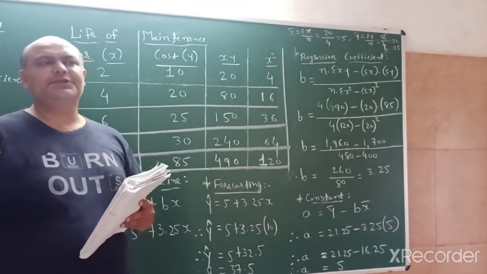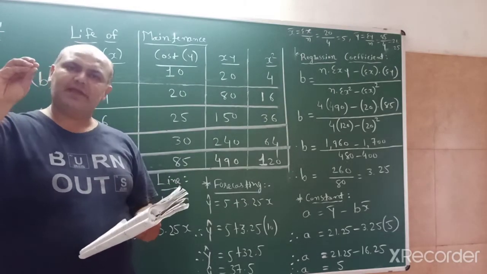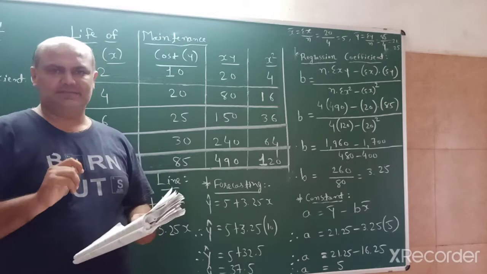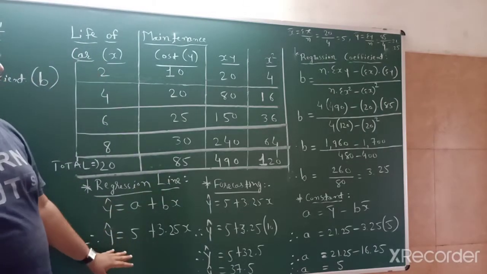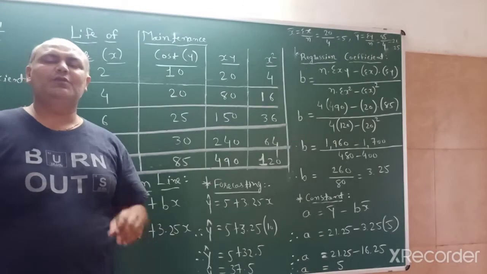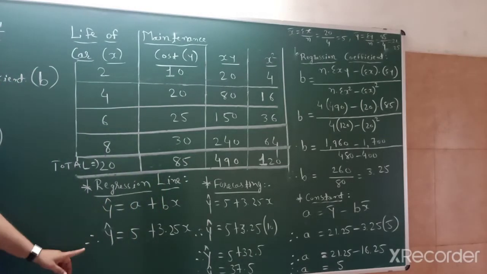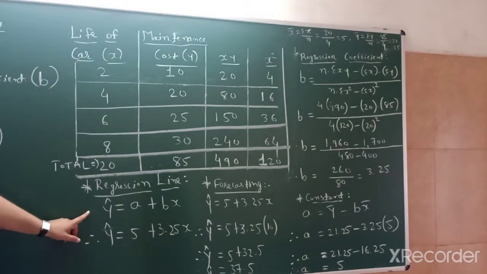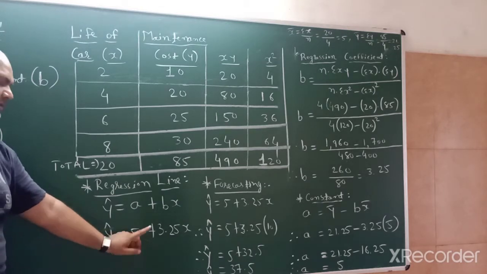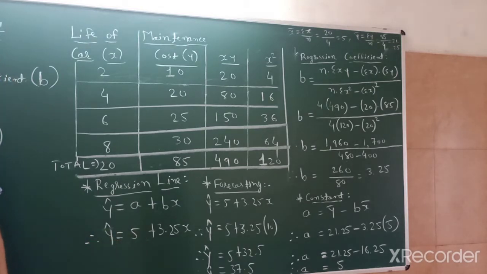When we write the regression line, we just keep x as x. If forecasting is there, then we have to put the value of x in place of x. This is the regression line y cap a plus bx, 5 plus 3.25 x. Regression line is ready. So our third step is also ready.